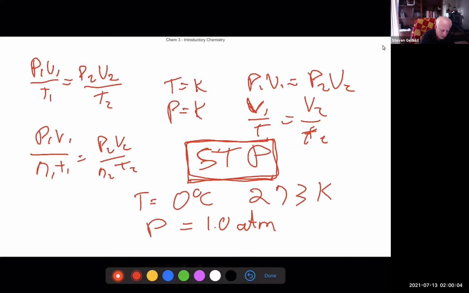Now, we use this to convert what's called our molar volume, or the volume of any mole of any gas, at STP conditions. Okay, so we look at this equation here.